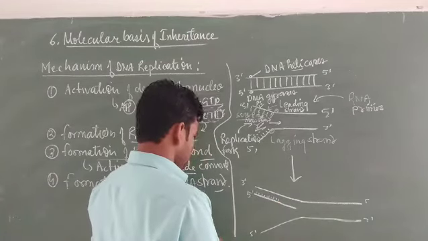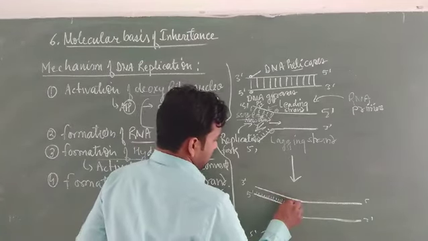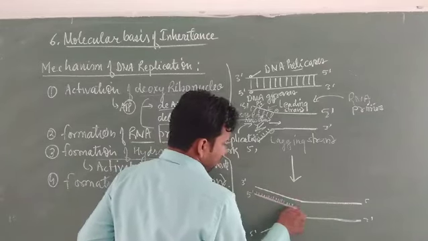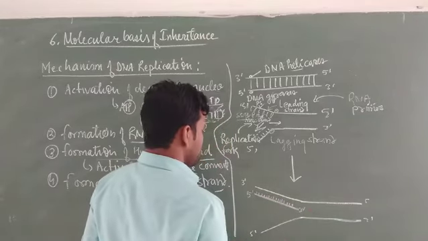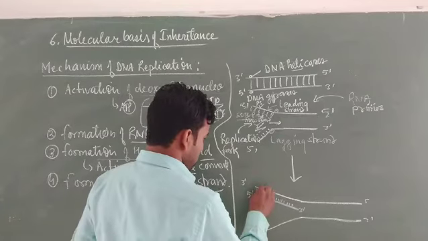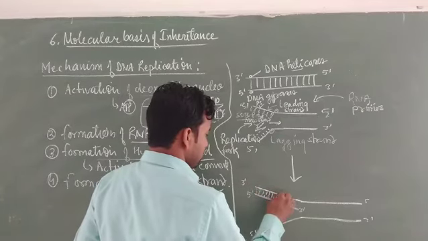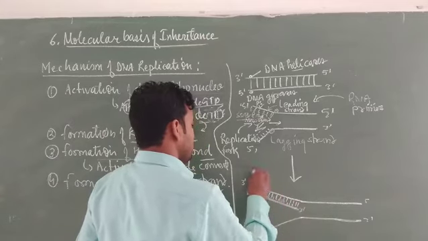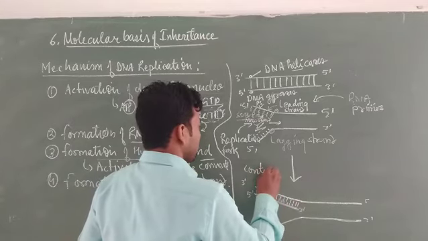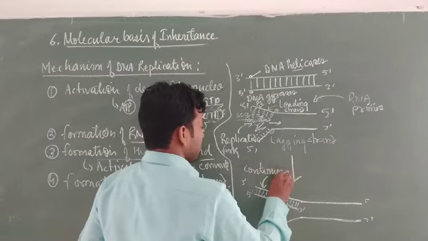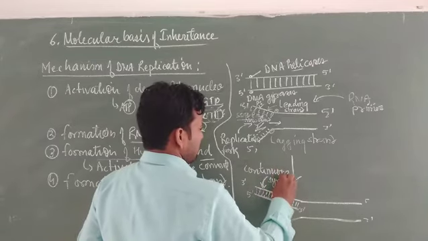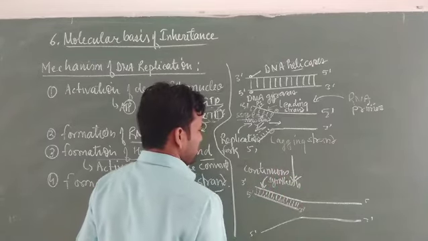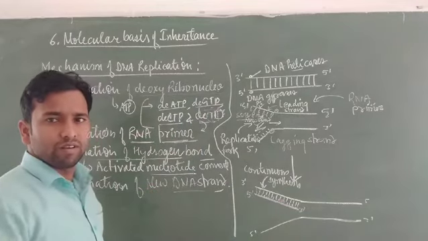As a result, here formation of a DNA strand takes place parallel to the movement of the replication fork. This strand synthesis is called continuous synthesis. Here continuous synthesis of the parent strand takes place.